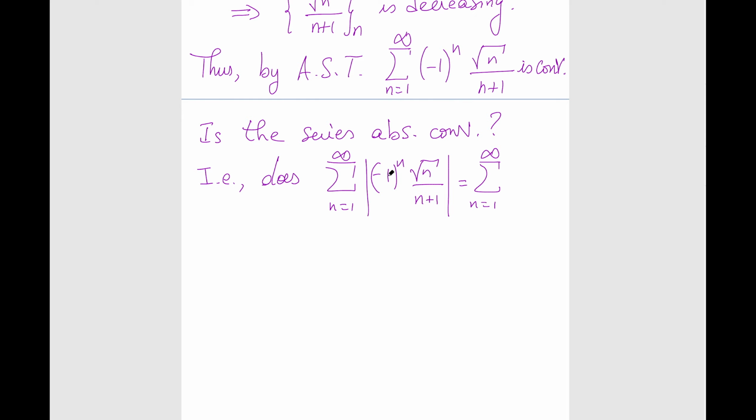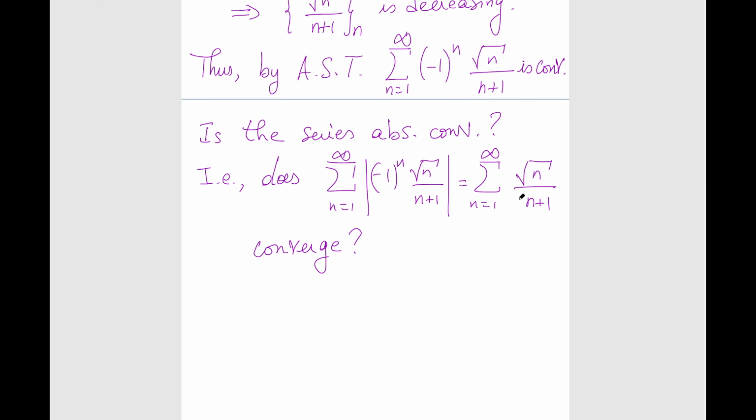The only thing that's absorbed by the absolute value is the minus 1 to power n. So we get this. So does this converge? So these questions are the same. If the series is absolutely convergent, then if you put the bars here, I should get it to converge.